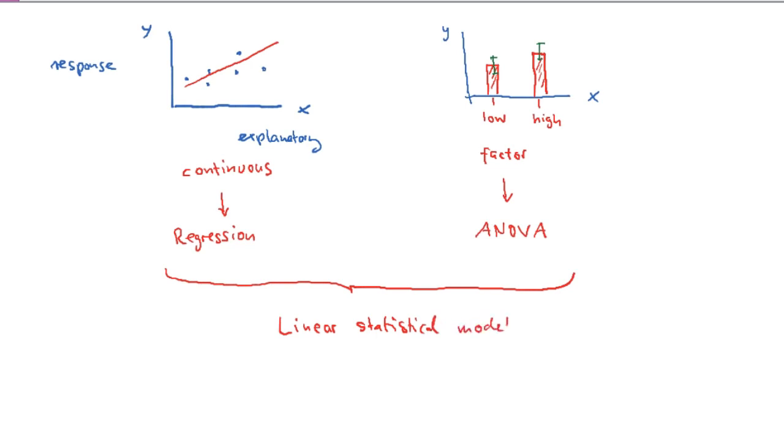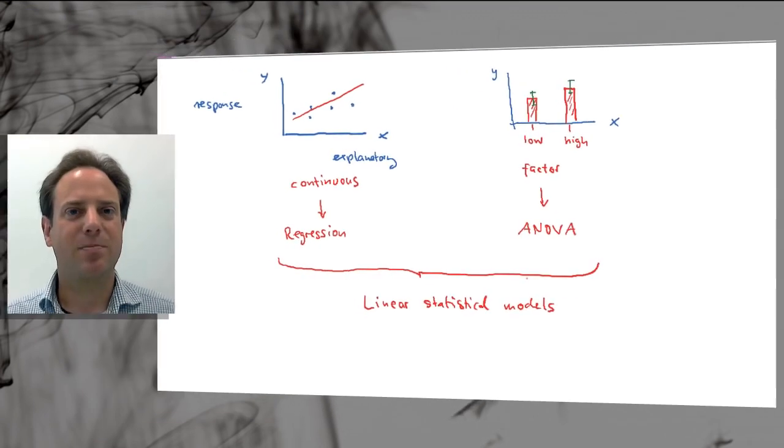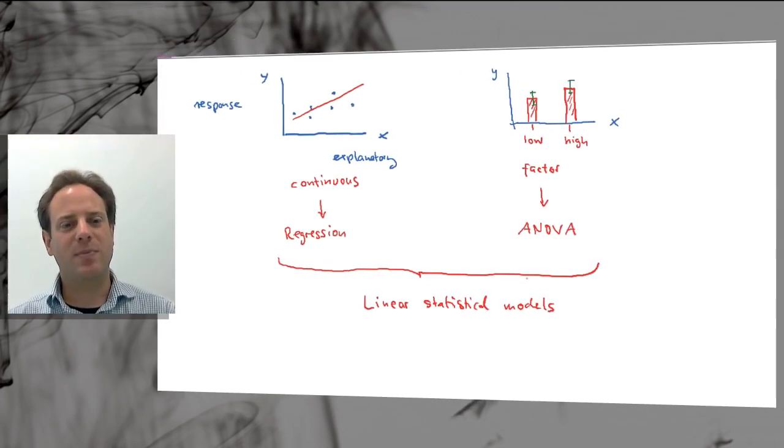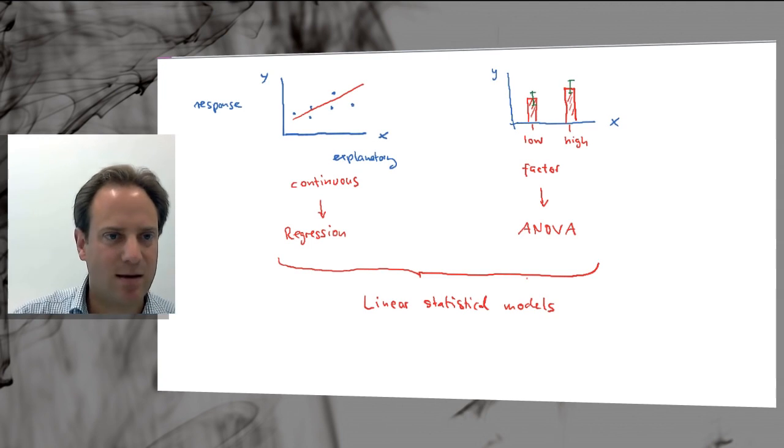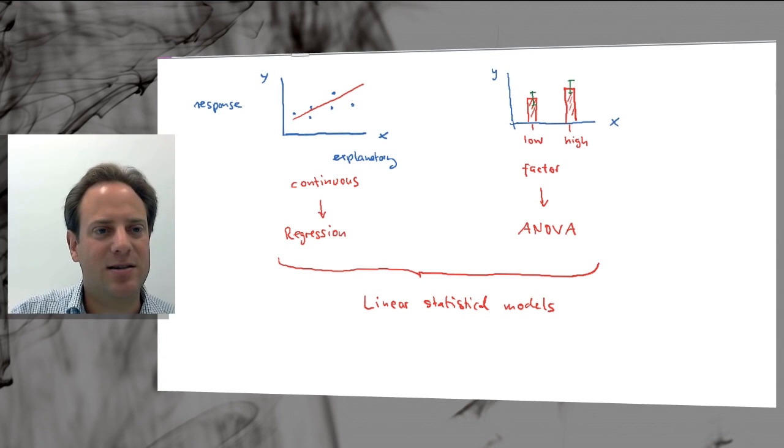It's just that we use slightly different codings of our explanatory variables when we analyze these data. So essentially everything we're doing in parametric statistics is going to be related to linear statistical models. Now let's look at such a linear statistical model in greater detail.